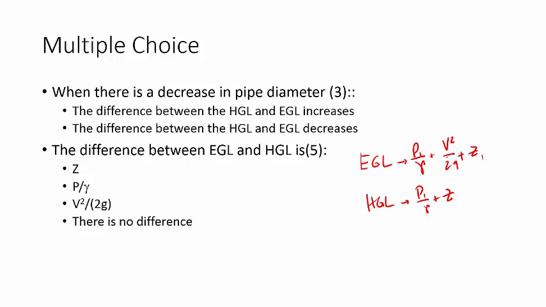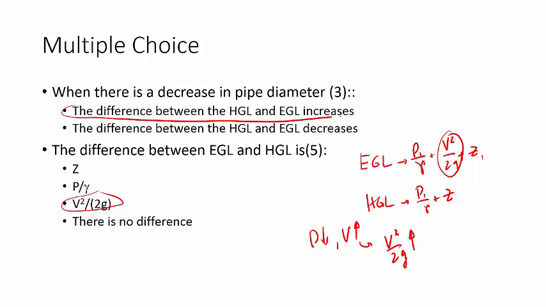So the difference between the two is this velocity. Whenever there is a decrease in pipe diameter, as you decrease the diameter, the velocity increases. So therefore, this difference increases. So the difference between the hydraulic grade line and the energy grade line increases.